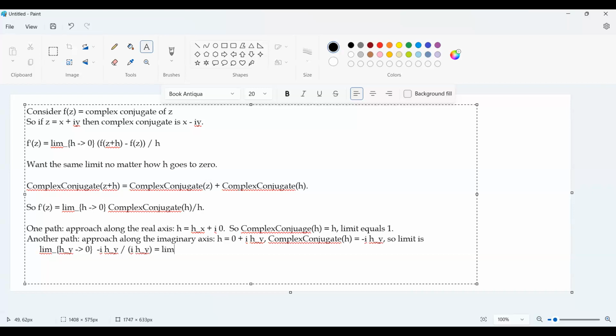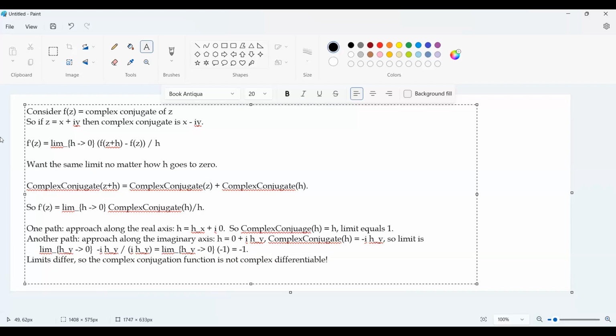So that's going to be the limit as h_y goes to 0 of just -1. So the limits differ. So the complex conjugation function is not complex differentiable.